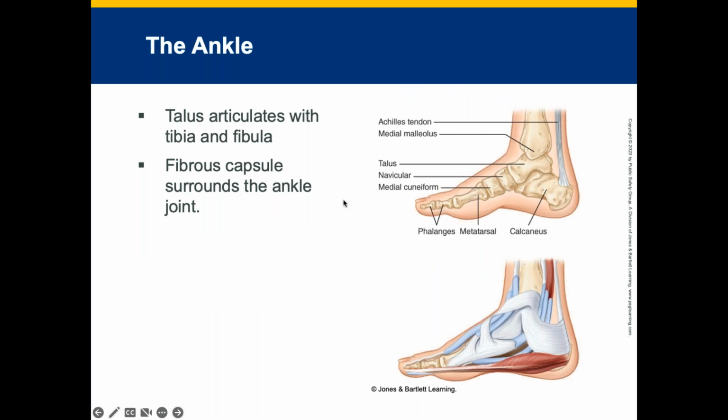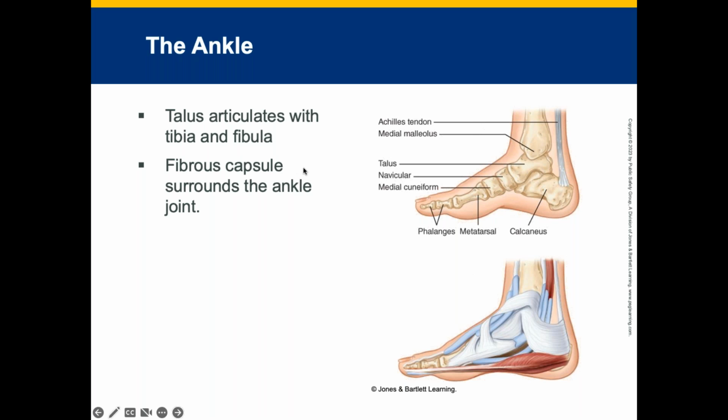With the ankle, the talus articulates with the tibia and the fibula to form the ankle. The fibrous capsule surrounds the ankle joint, and the metatarsals, the phalanges, and the foot are arranged similar to the bones of the hand. The difference is that there are only 7 bones located in the ankle versus the wrist that has 8. You have the Achilles tendon that runs back here. This is your medial malleolus, which goes into the ankle itself.